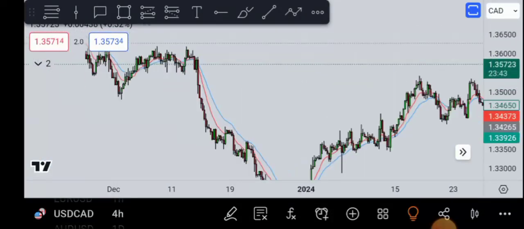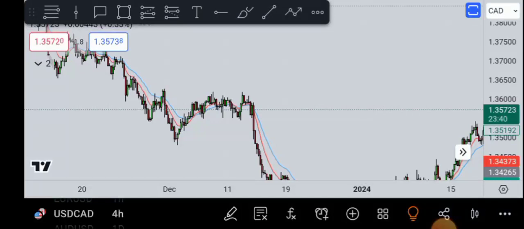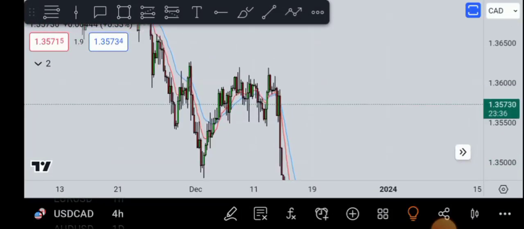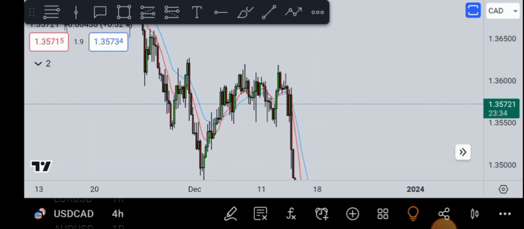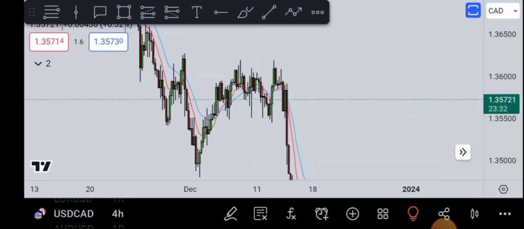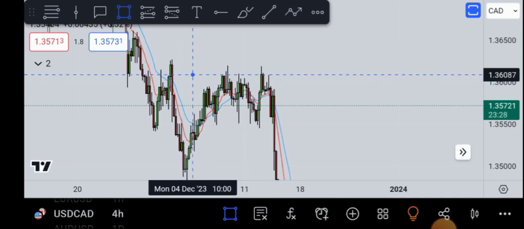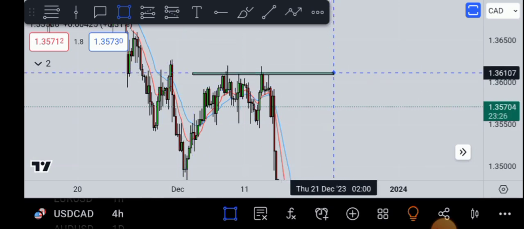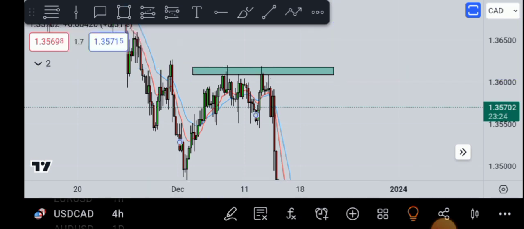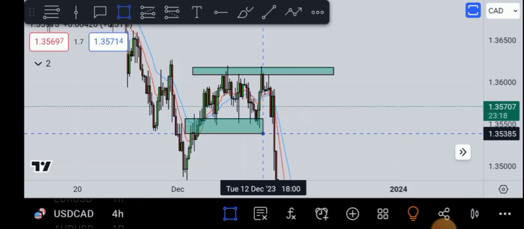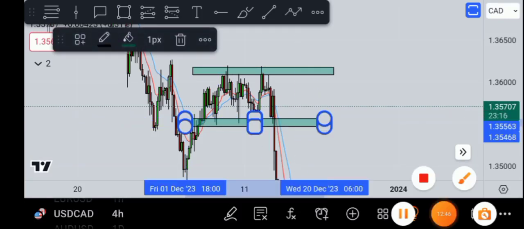Let me give you another example of a static support and resistance level. If you look well, you would see a very typical price action here, where we have the support and the resistance level.